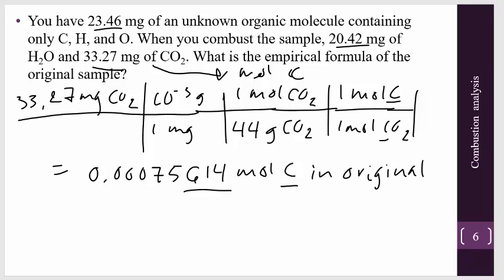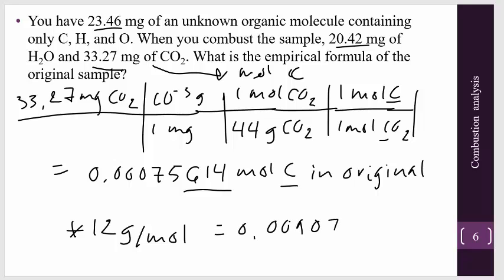So we need to find moles of carbon. We also need to find grams of carbon. So carbon is 12 grams per mole. And then this works out to give us grams of carbon.